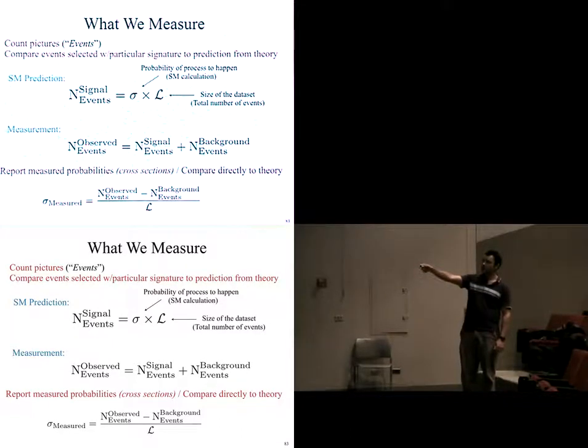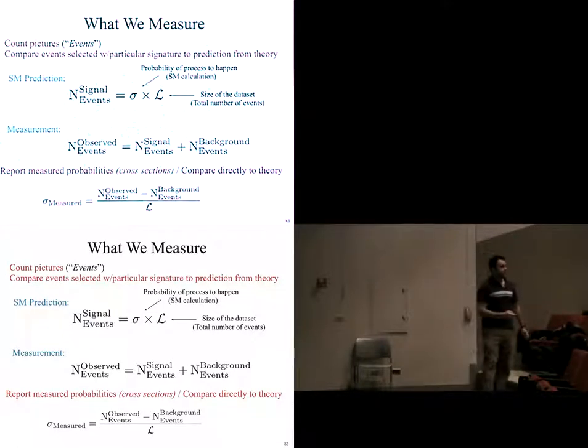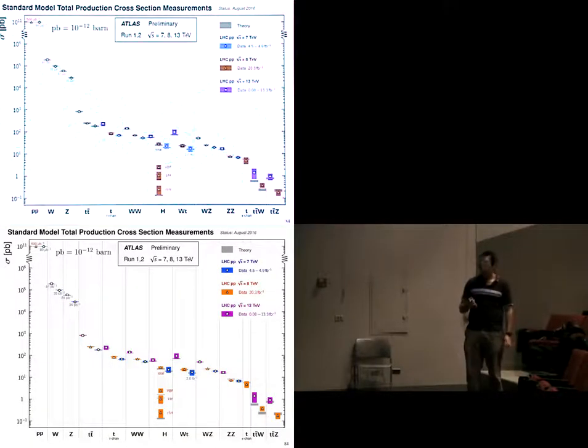So the number of signal events that we're after is just the number that we see minus this background. Okay, that's what's shown here. That's the number of signal events, and then if we divide by the total data set size, that gives us this measured cross-section. Okay, so that's sort of the thing that can be directly compared to the theoretical calculation.